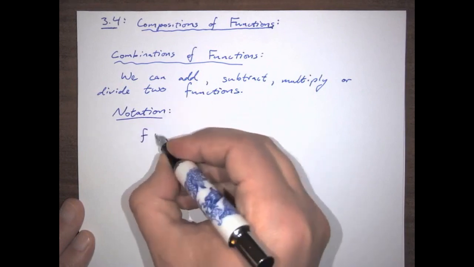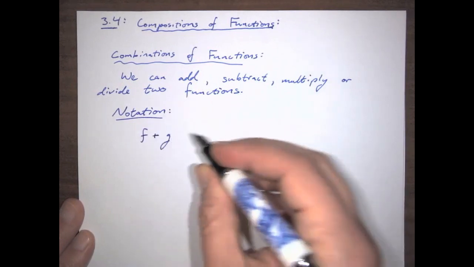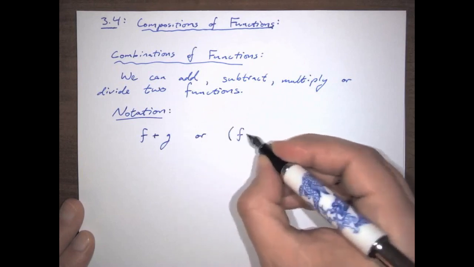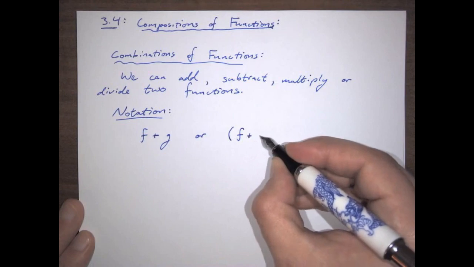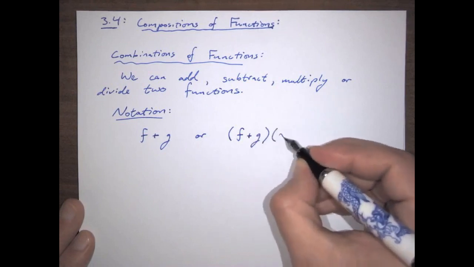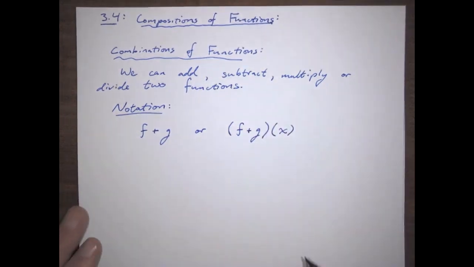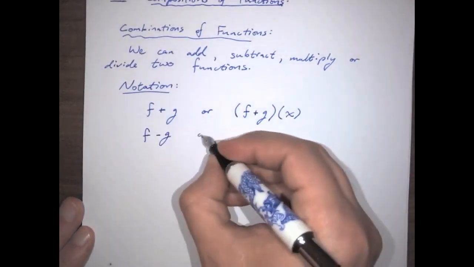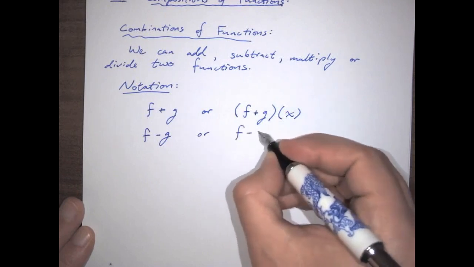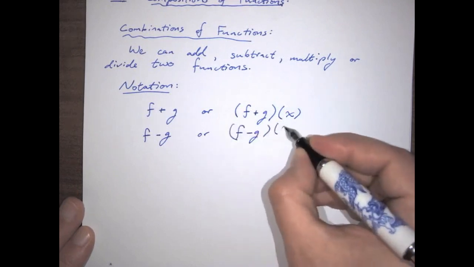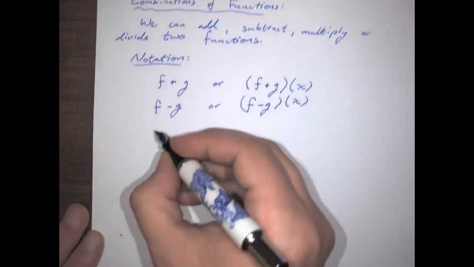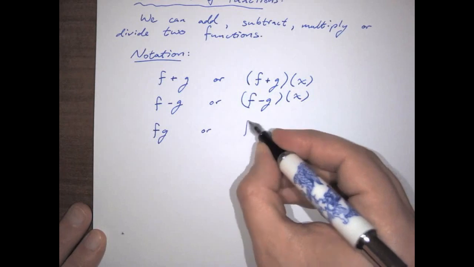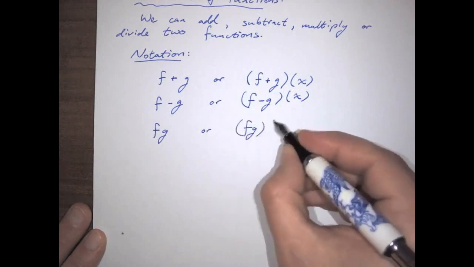So we'd say f plus g, or if we want there to be an x involved, f plus g of x. f minus g, or f minus g of x. fg, or fg of x.